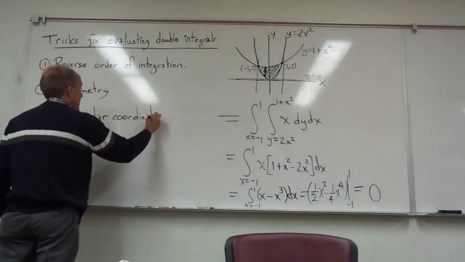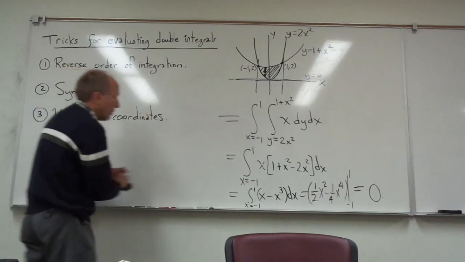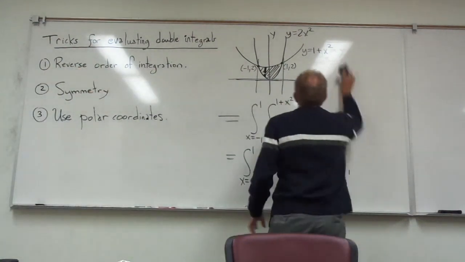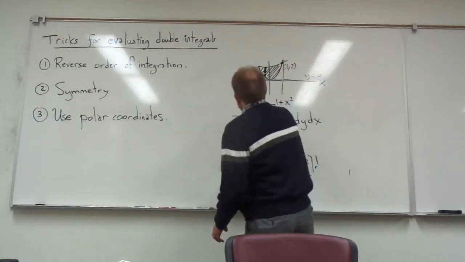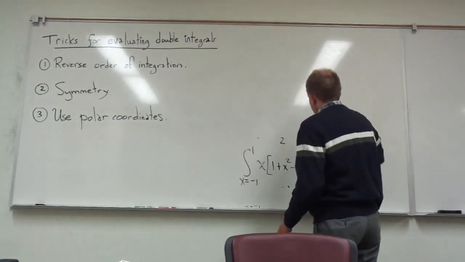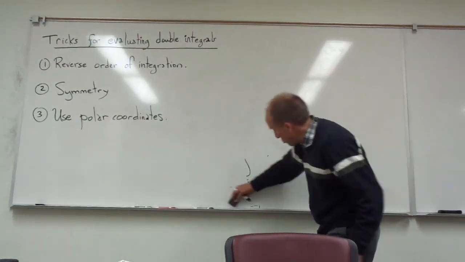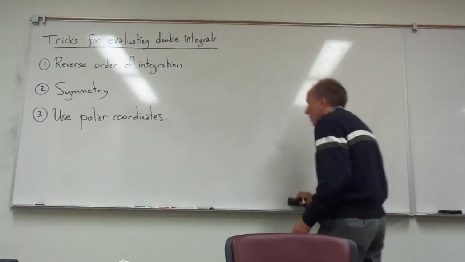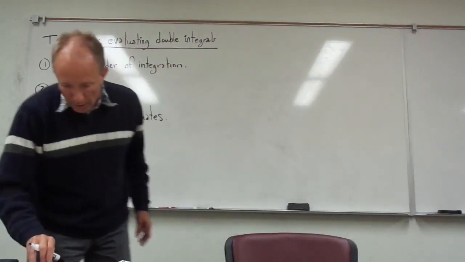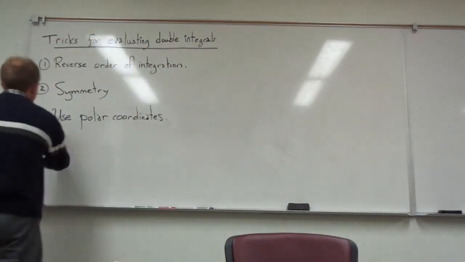So, as an example, let me show you a problem where you wouldn't really want to do it using the usual xy coordinates. Suppose I ask you to do this problem here.